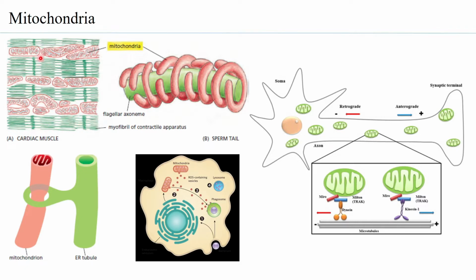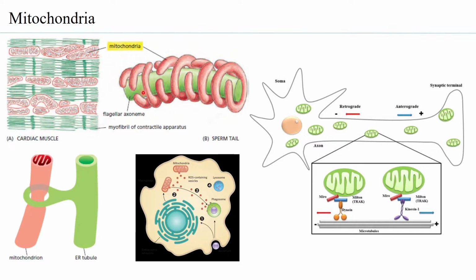For example, in the cardiac muscle, mitochondria associate with the cytoskeleton to carry out muscle contraction, because muscle contraction needs energy, and therefore a large number of mitochondria are present. You can see within this itself that the morphology of the mitochondria varies. You have different morphologies within the same tissue type.